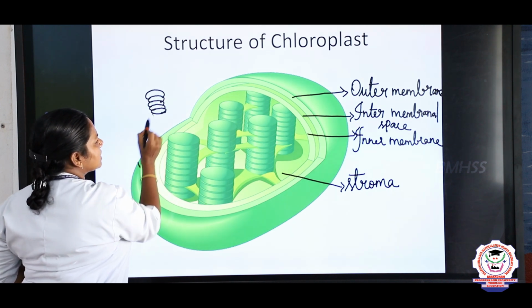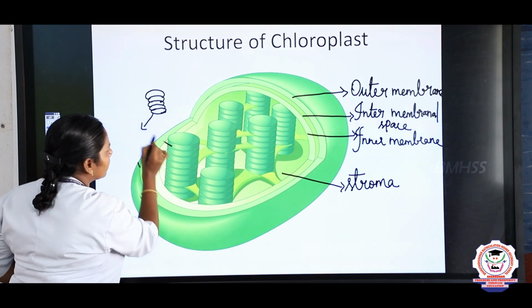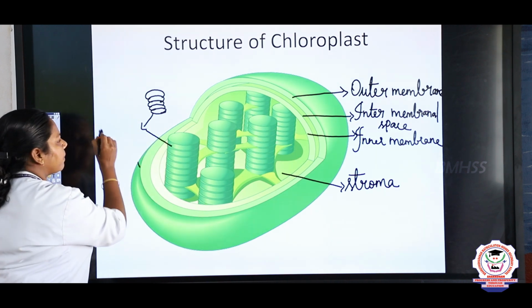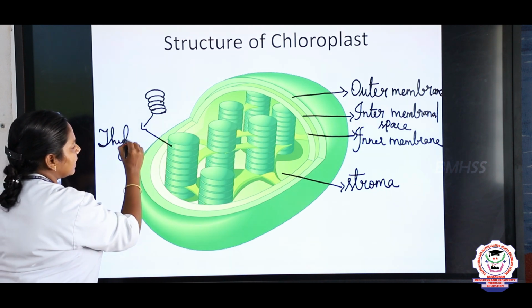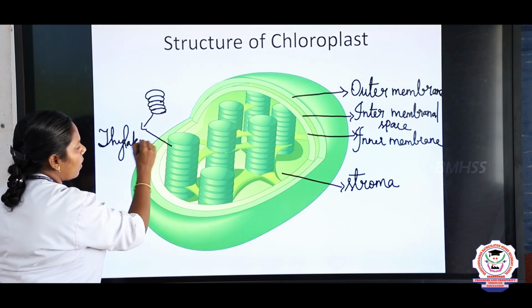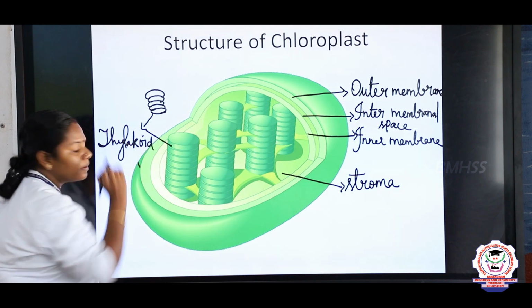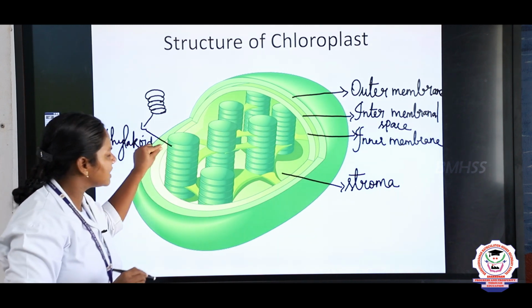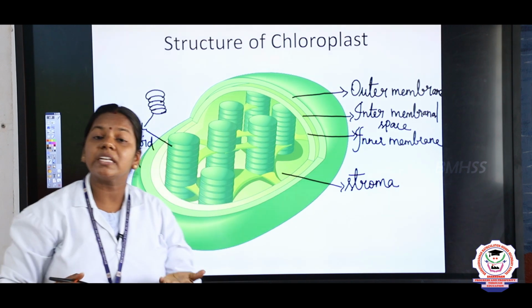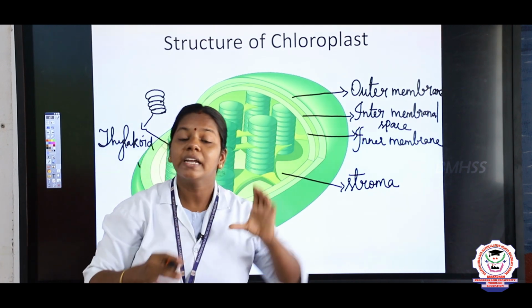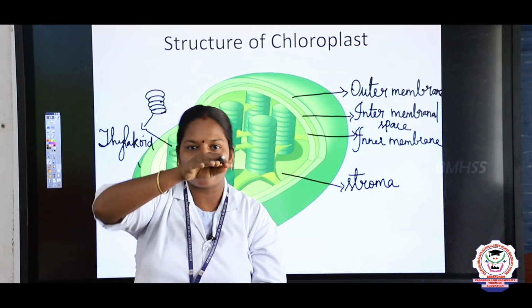The single disc-like structure we call the thylakoid membrane. What do we call it? Thylakoid. A single layer, single disc-like structure is called a thylakoid membrane, and when they are arranged one above the other, it looks like a bunch of coins, right?